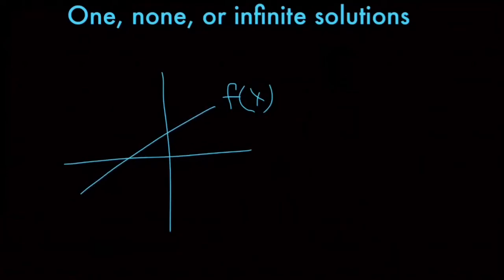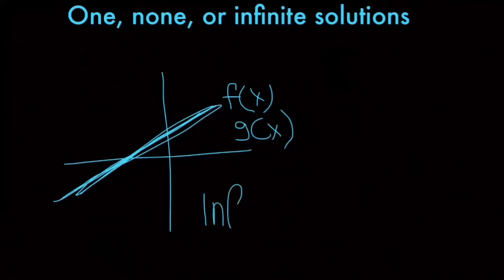Pretend I drew the same line. Okay, this is as perfect as it gets, okay? And this is g of x. So these 2 are the exact same line. They have the same slope, same y-intercept. It's exactly the same. So when they gave us these 2, we can say, yeah, well, there are infinite solutions because it's intersecting the whole way around. So this system of linear equations has infinite solutions.